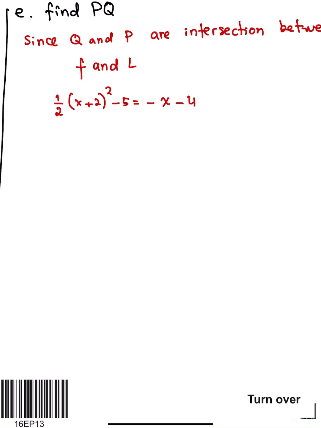I'm sorry for the shortcut, but if you calculate, you will get x times (x plus 8) equal to 0. So x equals 0 or x equals negative 8, I'm sorry.